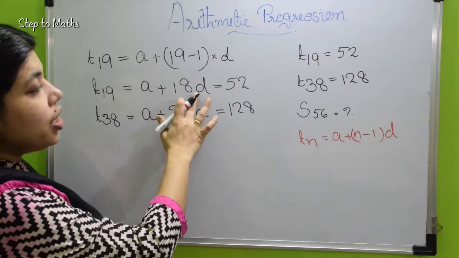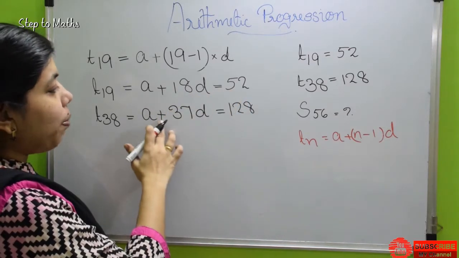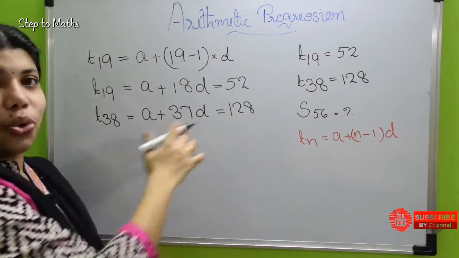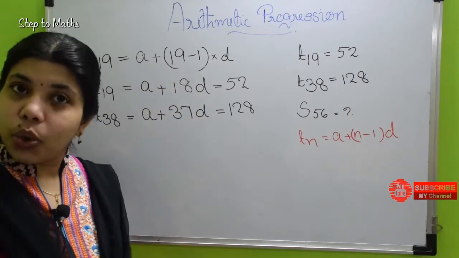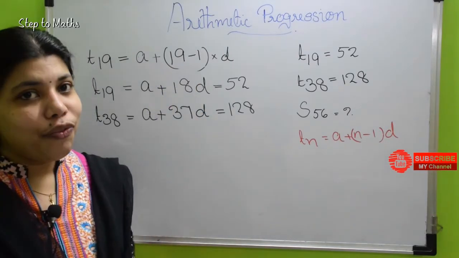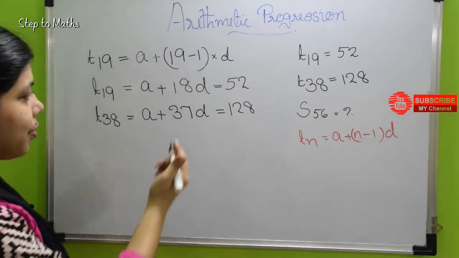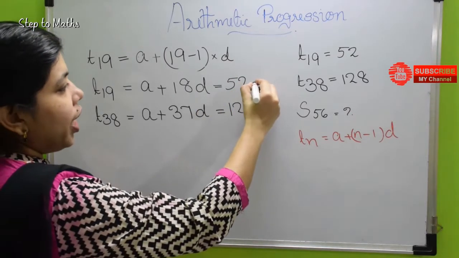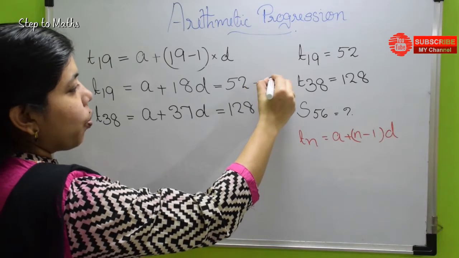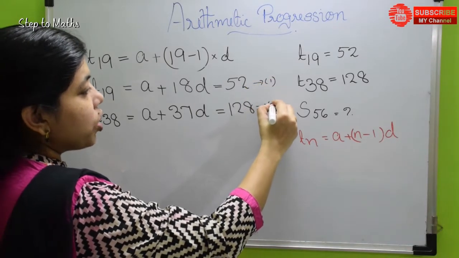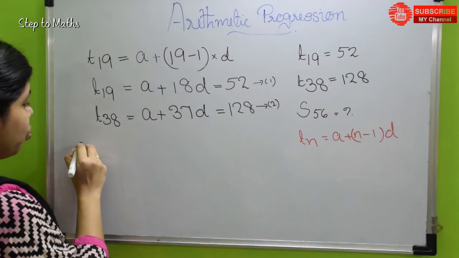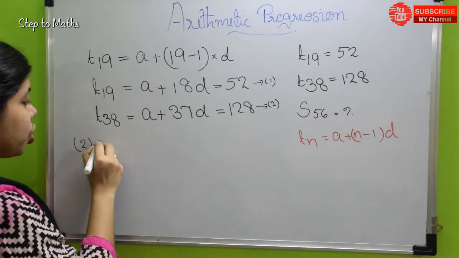A plus 18d is equal to 52 and a plus 37d is equal to 128. Now we get two linear equations. We can label them as equation 1 and equation 2. So, equation 2 minus equation 1.